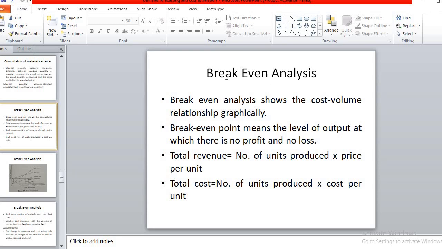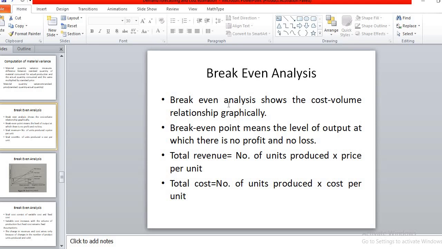So this break-even analysis we call BEA. It is also called cost, volume, profit analysis, or CVP analysis.